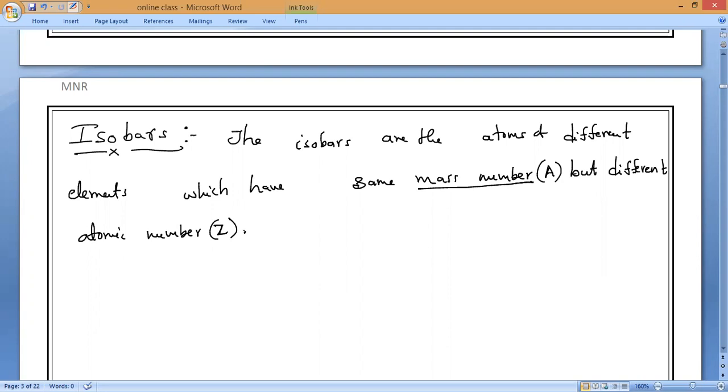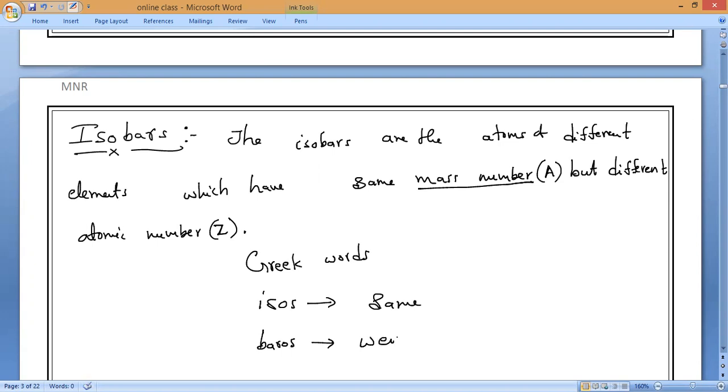Next, isobars also came from Greek words. Isos means same, and baros means weight. Same weight.